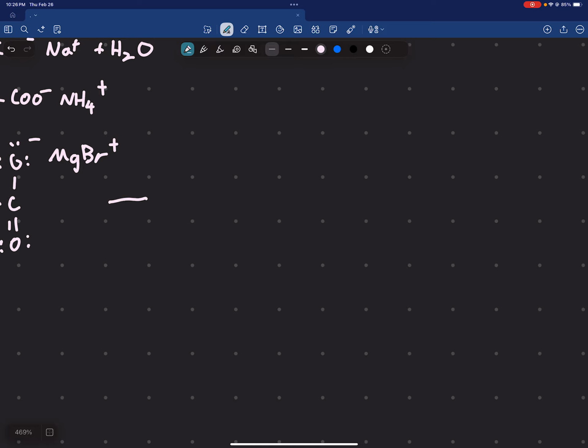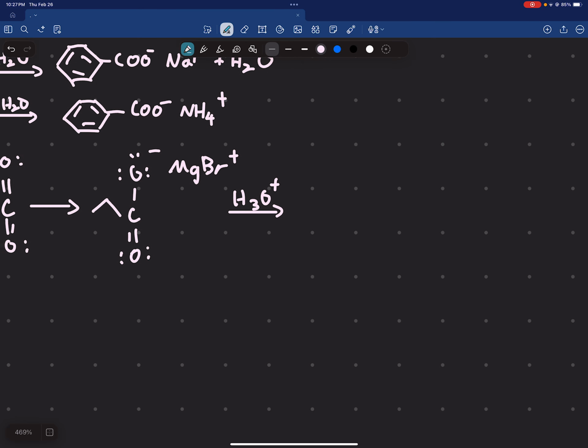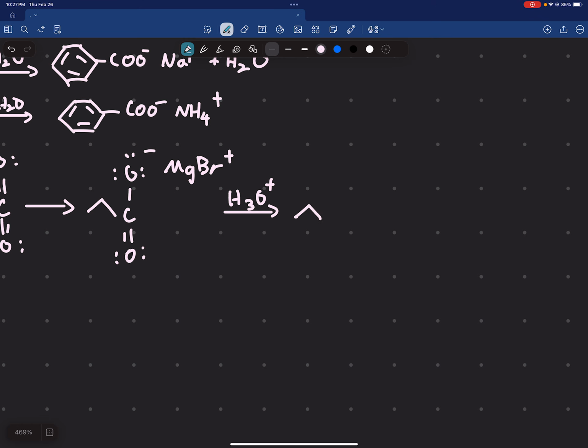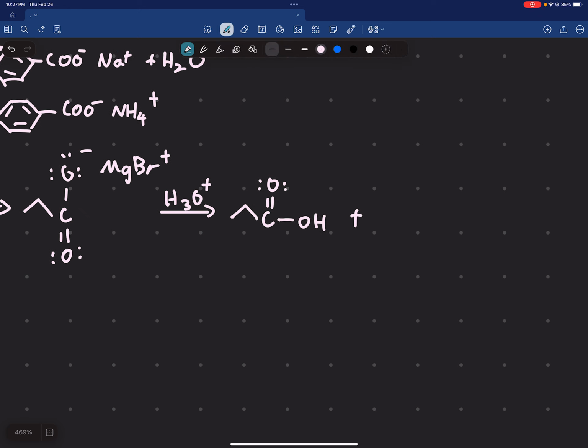And if we were to add this to water, or protonate or quench this with H3O plus, it's going to give us our carboxylic acid, like so. And we'll get our magnesium back.